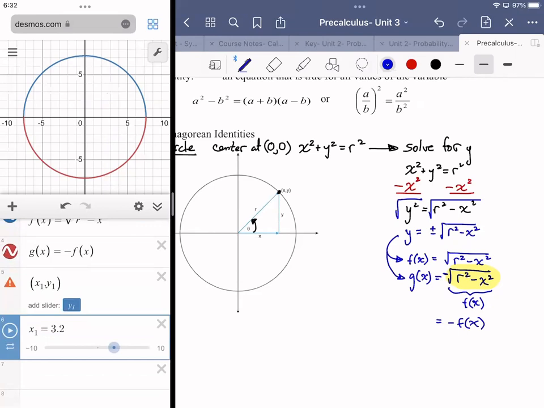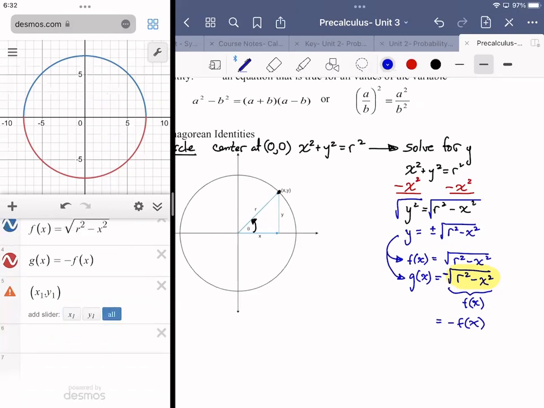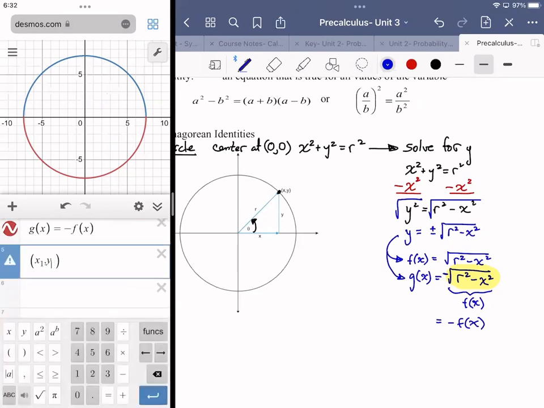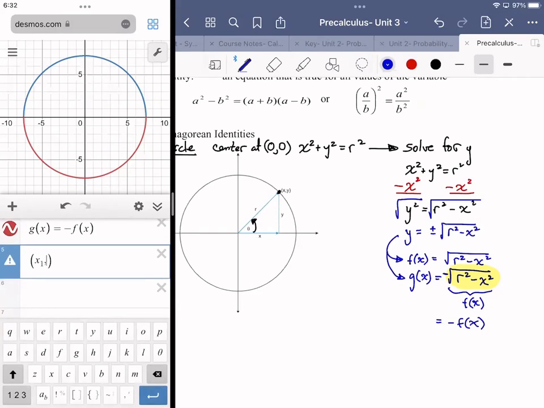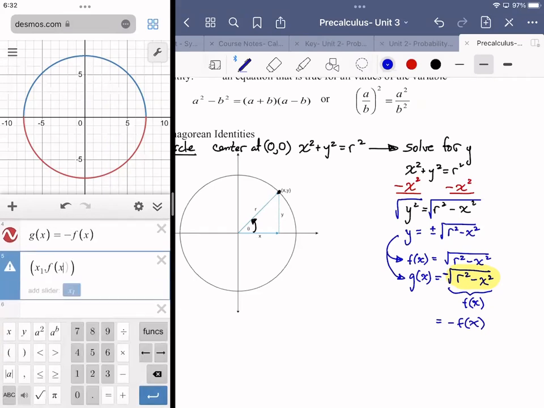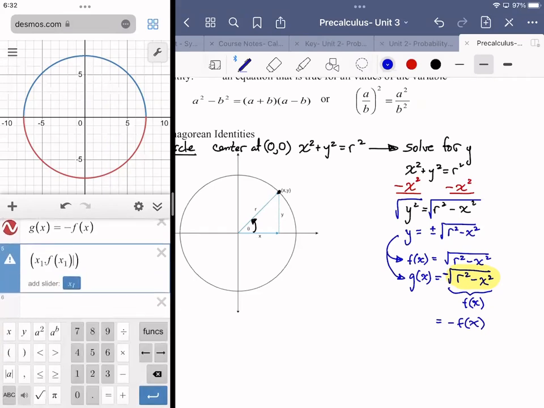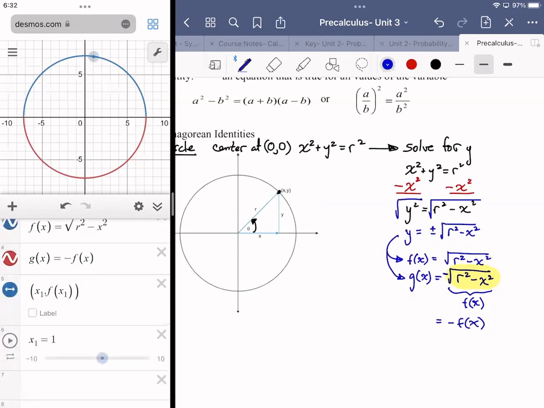So that coordinate I could call x1, comma, f of x1. That will give me the y value corresponding with the x value that I plug in based off the slider.